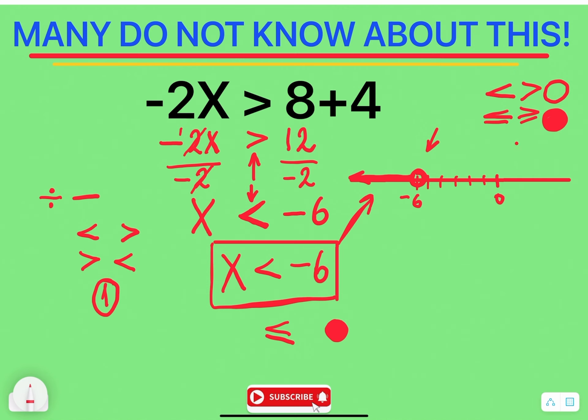And the second one is when you have only smaller or bigger on the number line, write the answer with an empty bubble. When you have smaller or equal and bigger or equal, you close the bubble. So these two parts many do not know, and they have a hard time when they are solving inequalities. Hope you learned these two things and it will be useful for your algebra classes.